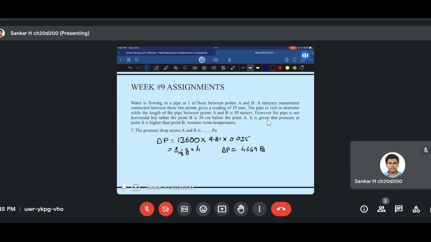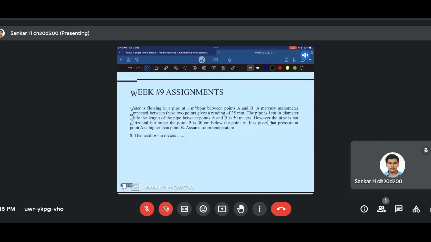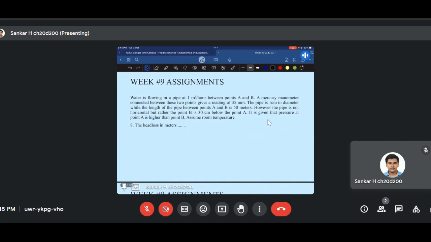And question number 8 asks us to find the head loss in meters. The head loss is given by the pressure drop, and for that we have to use the density of water here.